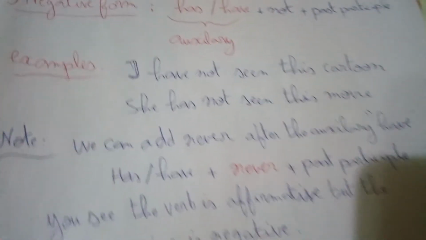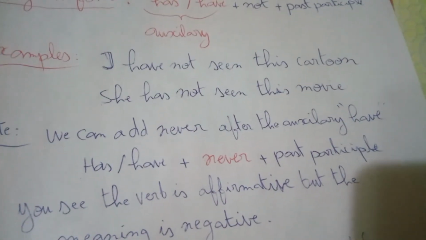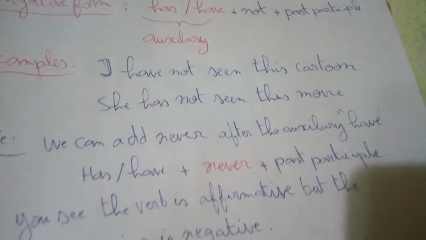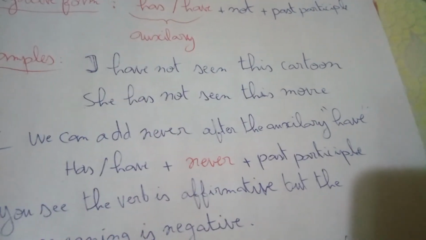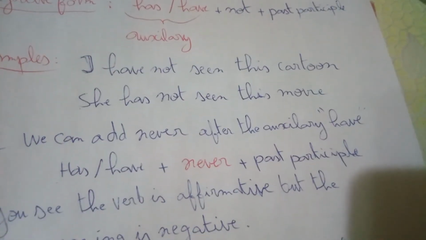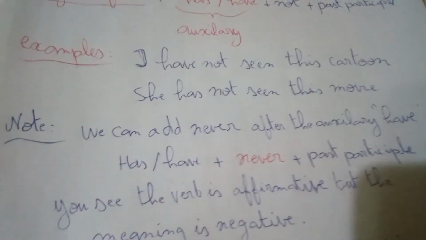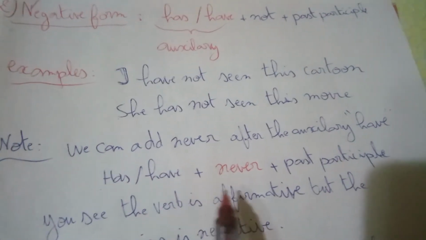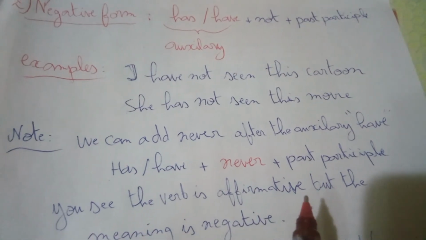Note, here we can add never. Do you know never? We can add never, abadan in Arabic, after the auxiliary have. Okay, here you have to concentrate. Has or have plus never plus the past participle.